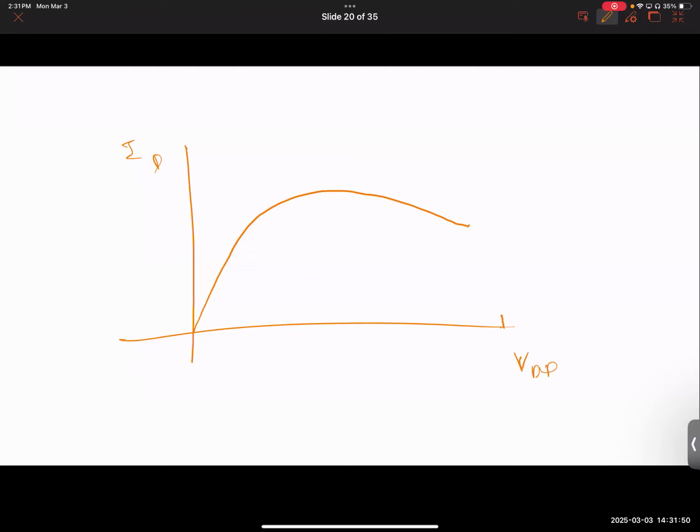Now, what if you had something like this? I couldn't do justice drawing it, but the point is, if you had a curved ID versus VDS property like this, when you work on the load line, there could be multiple points of intersection, possibly even more.